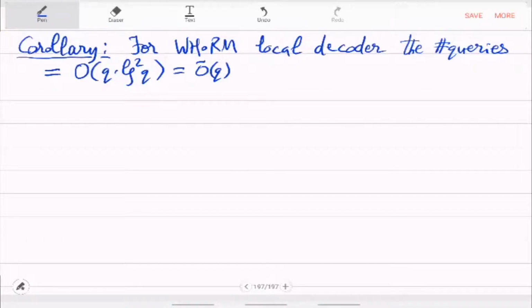That many queries, handling up to how many errors? What is the rho parameter? So, that is rho 1 times rho 2, right.